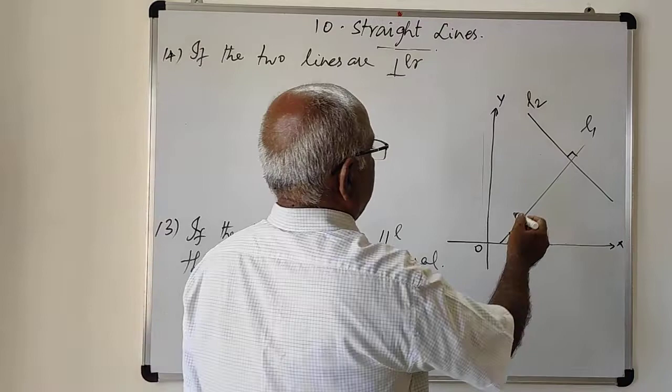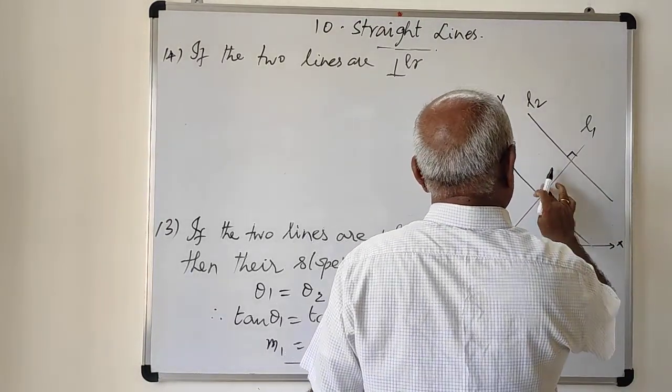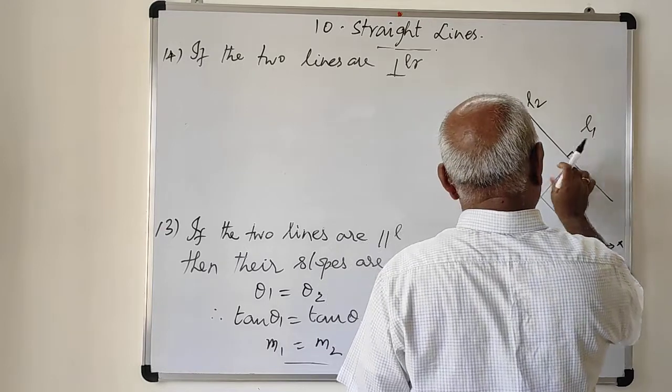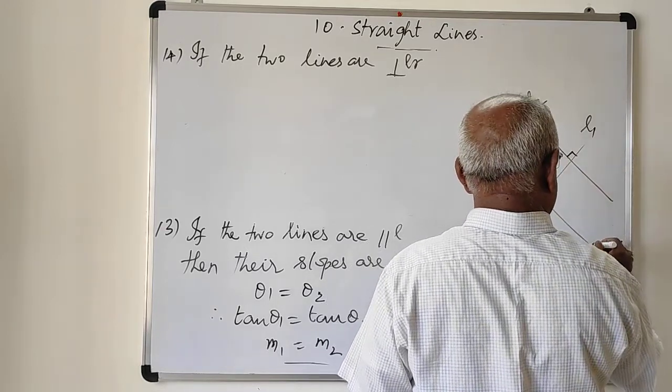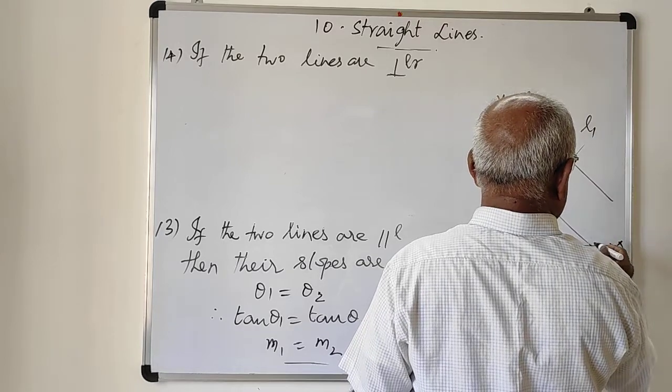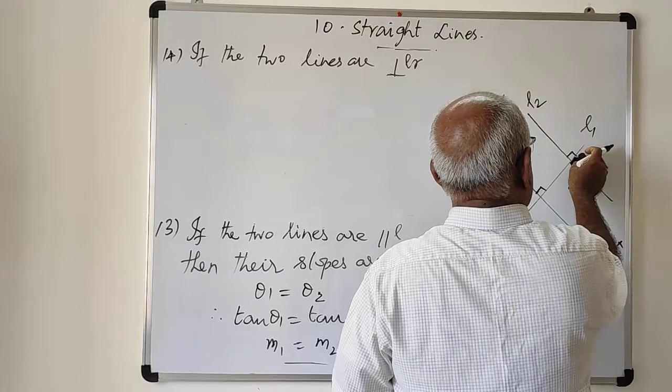In this case, I will draw the line here. These two lines are perpendicular. L2 is here. I am going to draw the line L2, because I want the angle made by the line L2 in the positive direction. Therefore, I can draw the line L2 here.